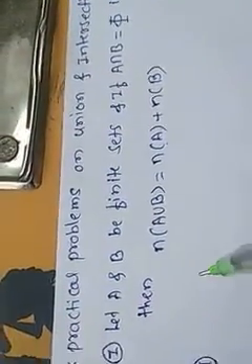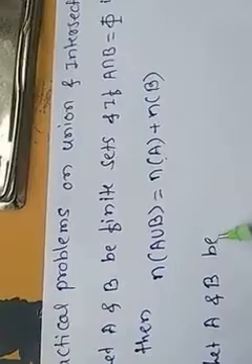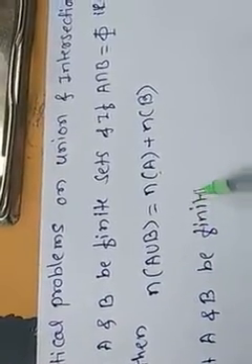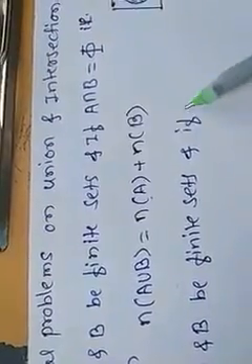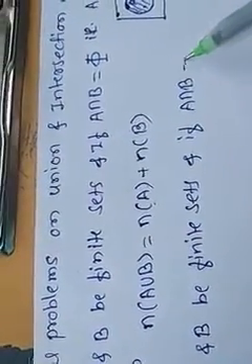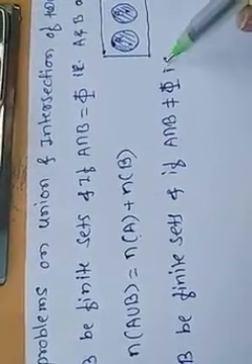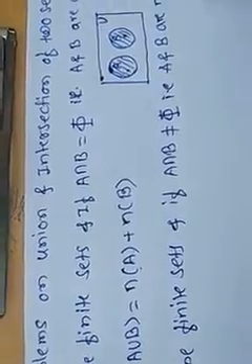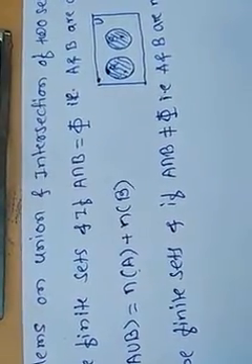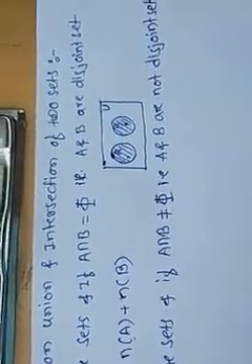Now second, let A and B be finite sets, and if A intersection B is not equal to phi, that is, A and B are not disjoint sets.